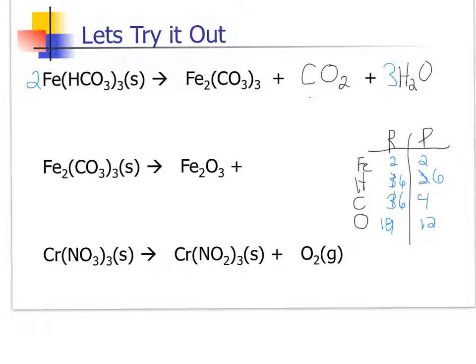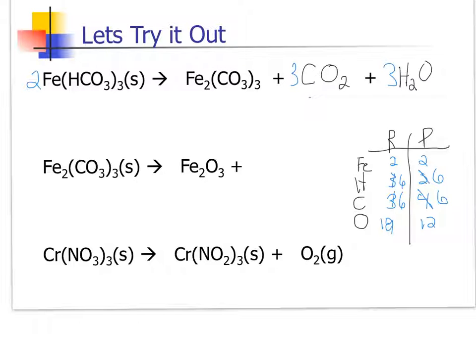Now, to balance out my carbon, it gets a little bit more tricky. But I can see I don't want to do anything to this iron carbonate. I have 3 of them. Well, if I put a 3 in front of this carbon, 3 times 1 is actually 3. And so then I would actually have 3 plus 3, which would give me 6.